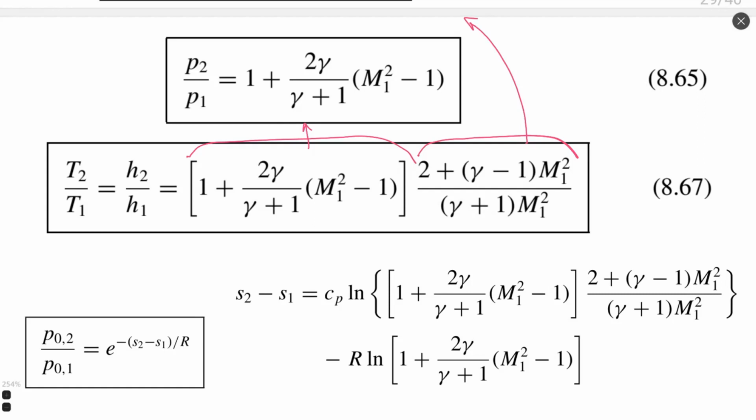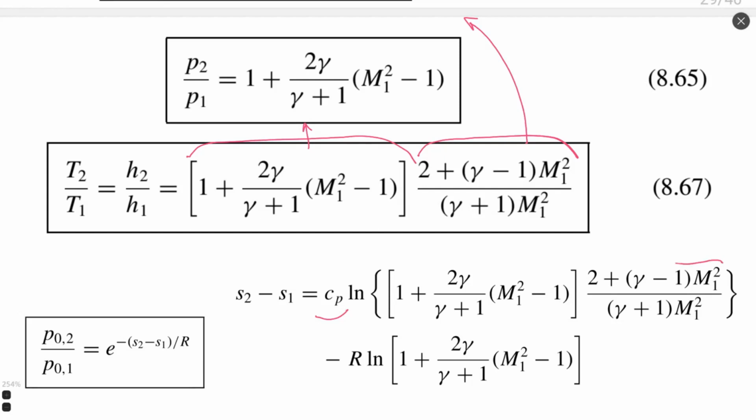From a thermodynamic point of view, this change of entropy can be simply calculated according to this long equation given on the bottom part of this slide. We see that change of entropy is proportional to specific heat at constant pressure, and is a logarithm function of, I think, the temperature ratio.